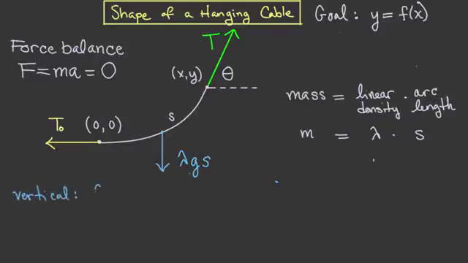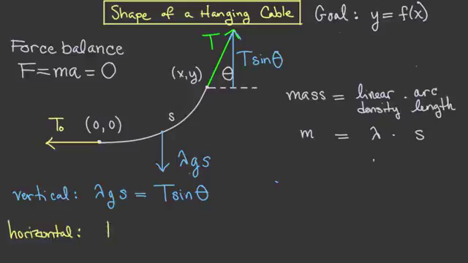Balancing the vertical forces, we find that the force due to gravity is equal to the component of the tension force T that points along the y direction. And this component is given by T sine theta, this vector here. So lambda S g, the force due to gravity, is equal to T sine theta, the vertical component of this tension force.